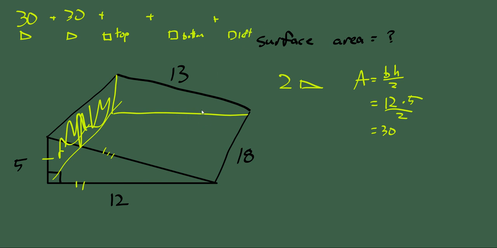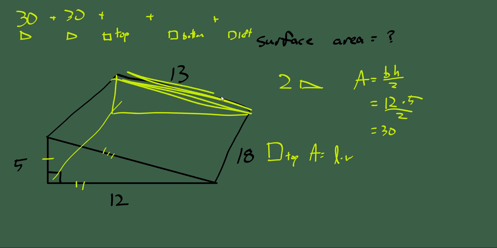Each of them has its own dimensions. So for the rectangle on top, the area is length times width, or base times height. And on top, those measurements are 13 by 18. So 13 by 18 is 234.